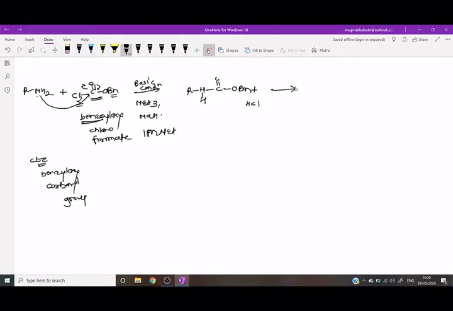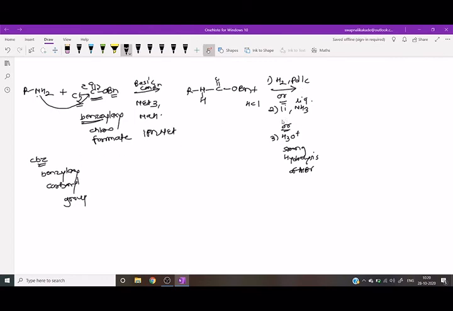The conditions used for deprotection: here are three conditions. Neutral condition H2, Pd/C; basic condition Li, NH3, that is Birch reduction. Third condition is acid condition, strong acid hydrolysis with HBr. By three methods we deprotect the CBZ group.